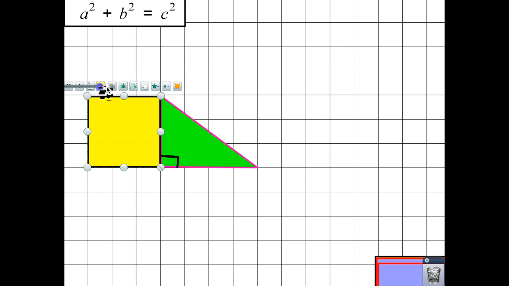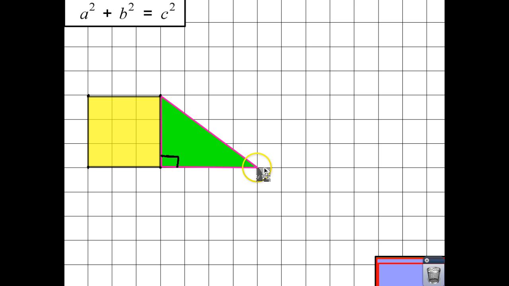Let's change that color a little bit. Underneath, can you see all 9 of those squares that are covered? Then the theorem says we're going to take the B leg and square it. So let's count the units on the B leg. Coming across horizontally, we have 1, 2, 3, 4.